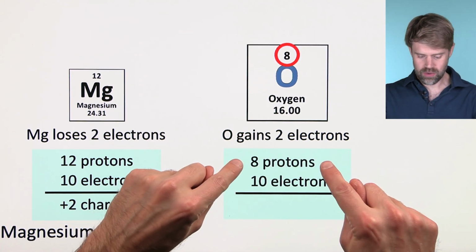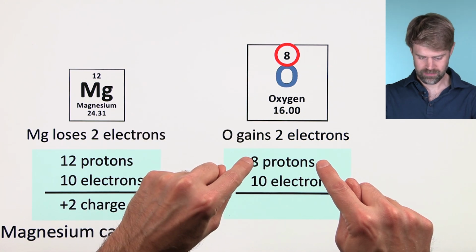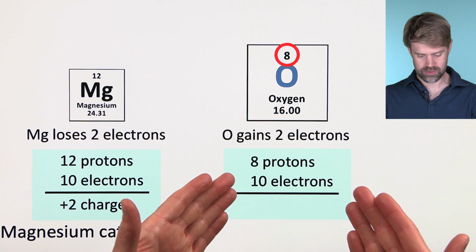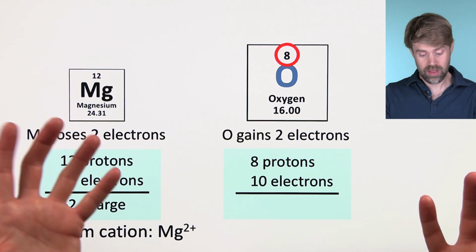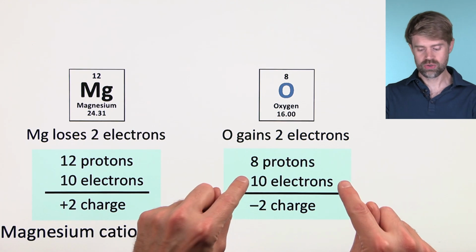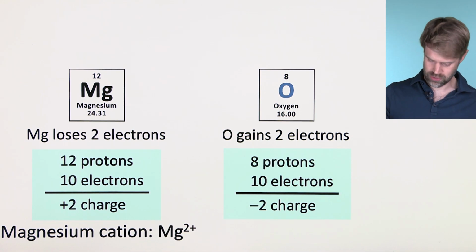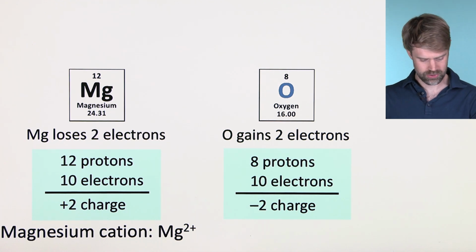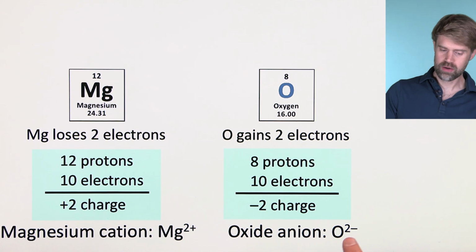Well, we know that it has 8 protons because that's its atomic number. And if it gained 2 more electrons, it would have 10 electrons. What's the charge going to be? Well, now it has 2 electrons that aren't getting balanced out by the protons. Electrons are negative, so it's going to have a -2 charge. The way we're going to write this is O2-.